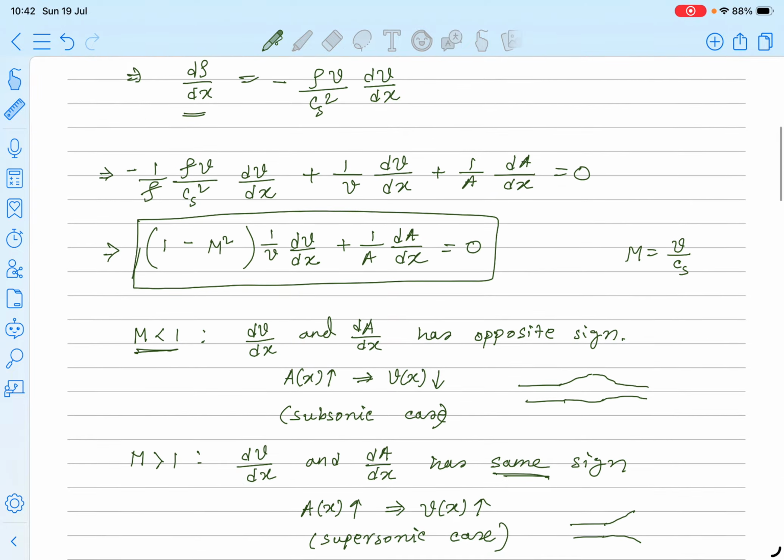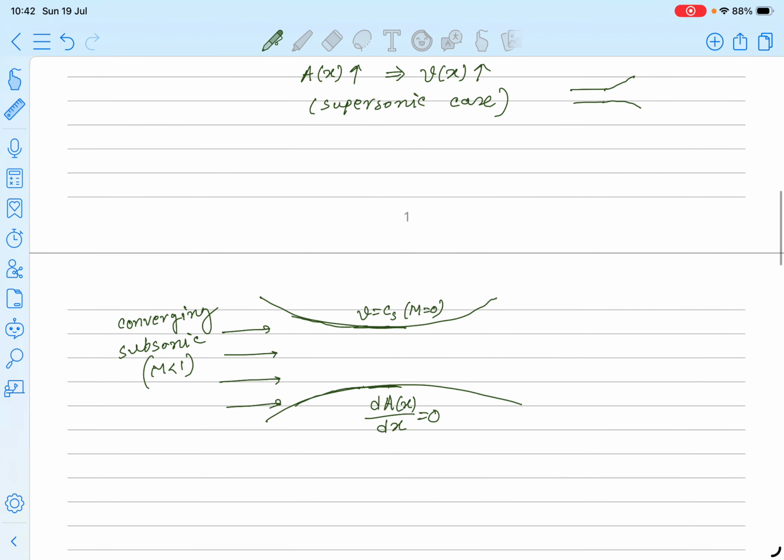You can see from this equation, when the Mach number is 1, dA/dx will be 0. So here you have a flat region. You give subsonic flow, narrow the cross section and make V equal to Cs at the position where dA/dx is 0. So here you reach the velocity V equal to Cs.